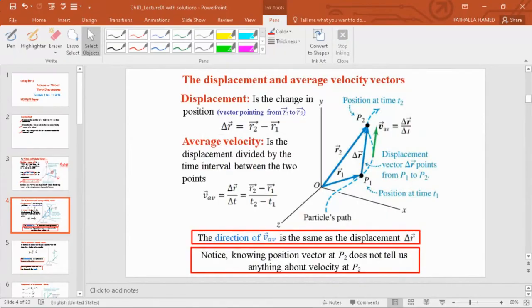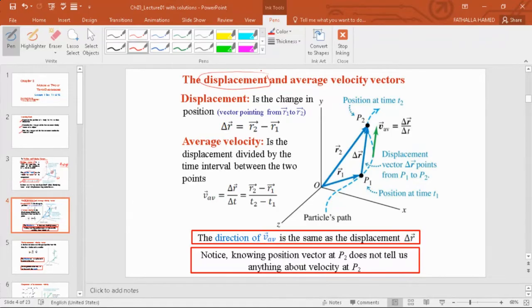Now, like what we did in chapter number 2, when we looked at position 1 and position 2, and then we talked about a displacement, and we said the displacement should be between position 1 and 2, and in that case we said that delta x equals x2 minus x1, where x2 is the second position and x1 is the first position.